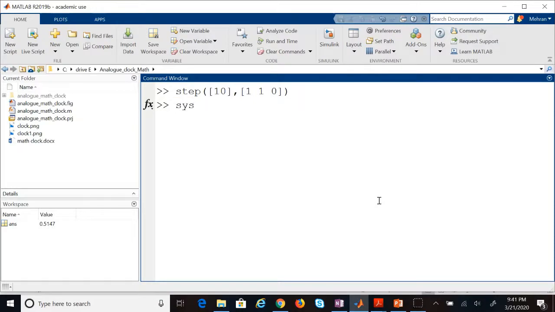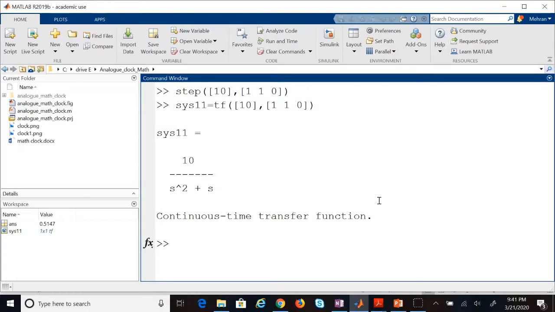So system 1 was, let me do it this way. Sys11 was transfer function of this. So this was the open loop, but the actual system 1 was feedback of sys11 and h, which was 1.